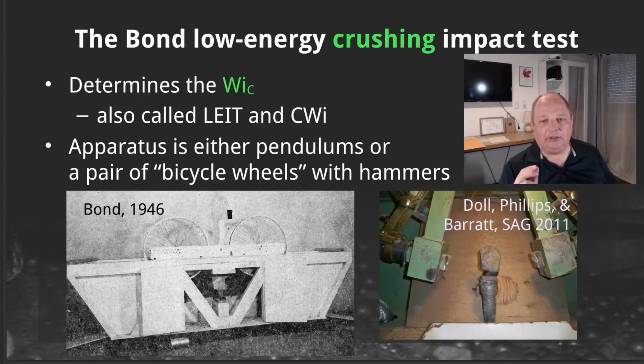In the literature of Bond and the Allis Chalmers people of the 30s, 40s, 50s, when these apparatus were being proven out, you'll see two different apparatus used, one of which is commonly called the bicycle wheel. You see an example of that on the left. And then there's another one based on pendulums, which you see an example of on the right. In theory, both of these are valid apparatus for determining the low energy crushing work index.